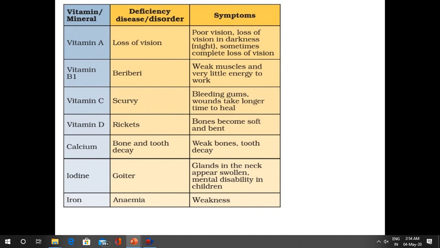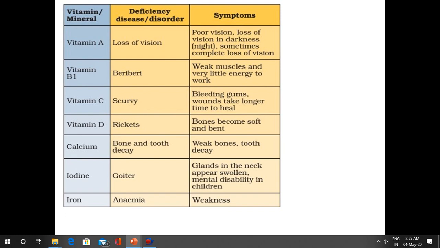For vitamin C, scurvy, I remember the second letter, that is C, and from the C there is bleeding gums, or blood coming from the gums or teeth. I remember it this way. Vitamin C deficiency will cause problems in the gums, and the disease is called scurvy. Like this you can try to make your own tricks to remember it. I have given you three tricks here.